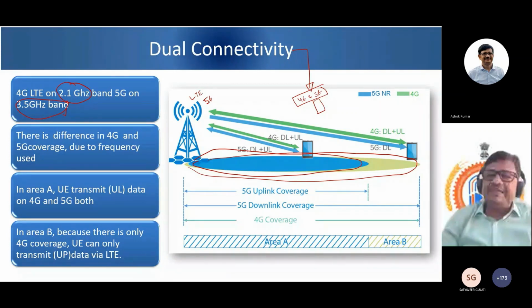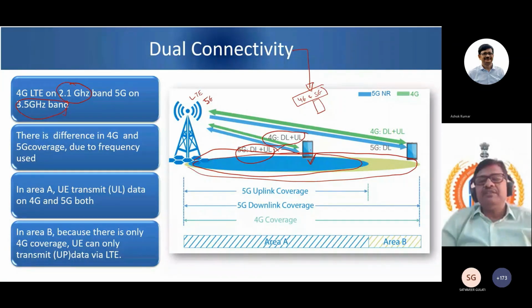So suppose your device is here, then in uplink and downlink direction, it is able to use 4G, and it is also able to use 5G. So both 4G and 5G. So it has got a double path, 4G and 5G. So dual connectivity with 4G and 5G. If it is in the blue area, that means 4G as well as 5G coverage area.